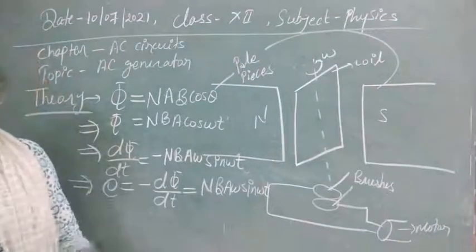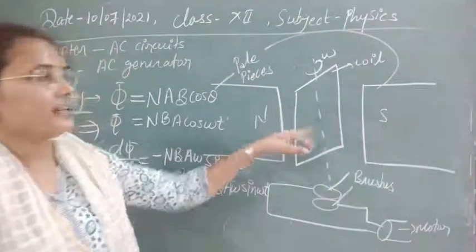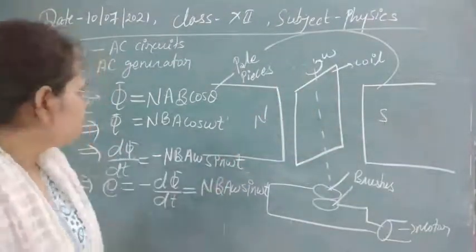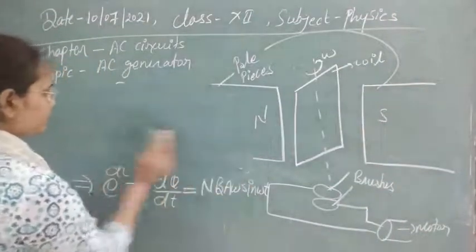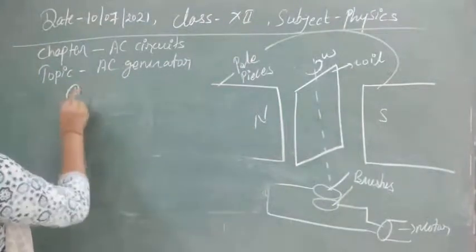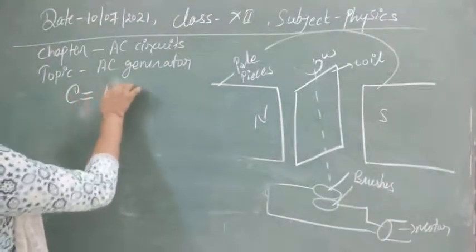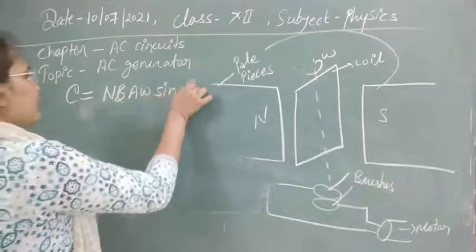Next, you can also calculate from here the value of current that will be generated in this coil if the coil is closed. After solution we got E is equal to NBA omega sine of omega t.